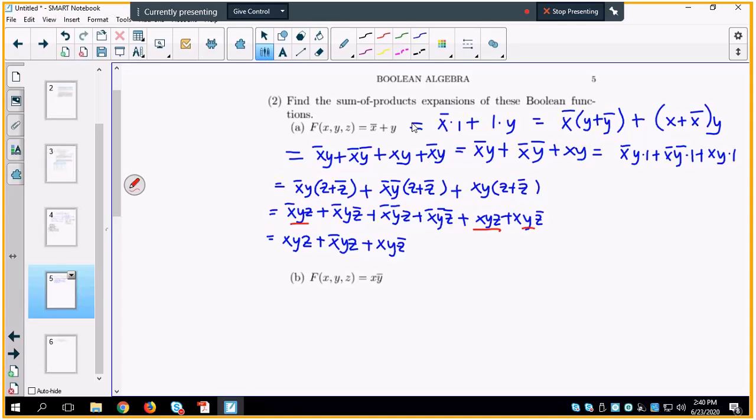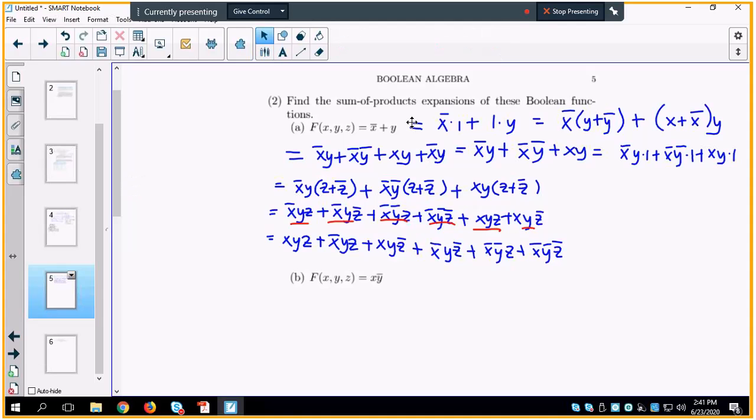Then terms that have two complements are going to be plus x bar y z bar plus x bar y bar z. Each of those terms I just have once. And finally, I have plus x bar y bar z bar. So that will be the sum of products expansion for the function x bar plus y.